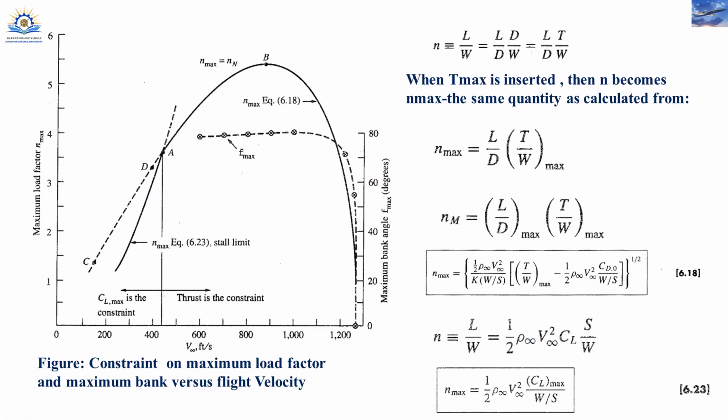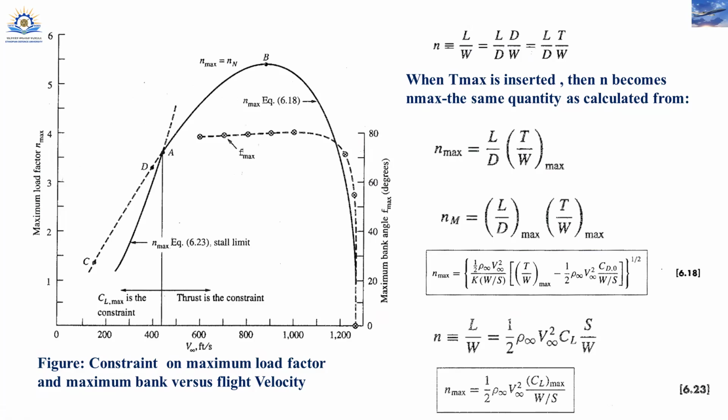We can also find this directly using the conventional method. N is equivalent to L over W. On that you can multiply by drag and divide by drag. So L over W times D over D gives you L over D, the lift to drag ratio, that is CL over CD, and the thrust to weight ratio is also there.